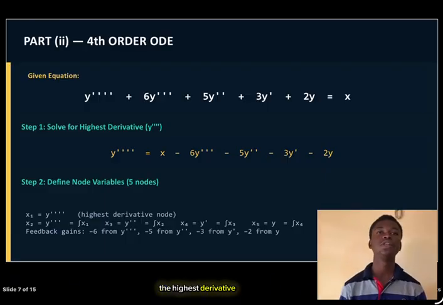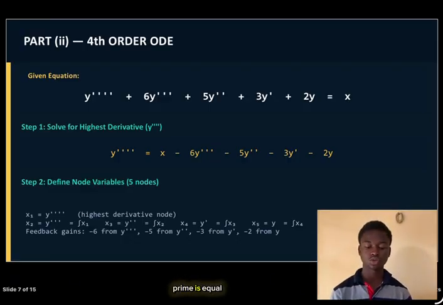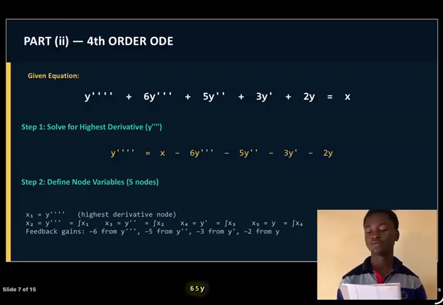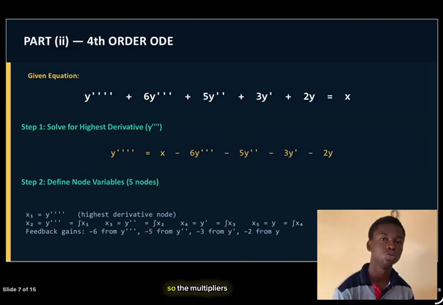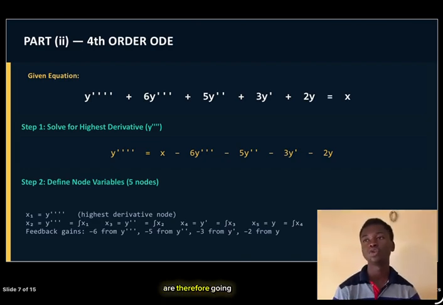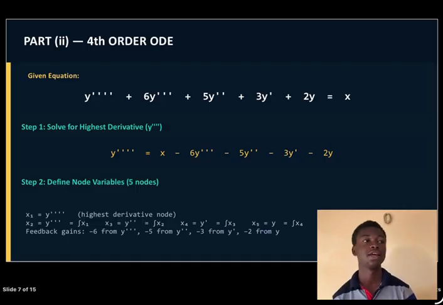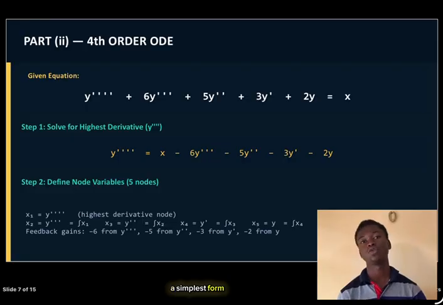The highest derivative is isolated, which when done, we get y quadruple prime equal to x minus 6y triple prime minus 5y double prime minus 3y prime minus 2y. So the multipliers are therefore going to serve as the gains, with the primes being integrated down to its simplest form.